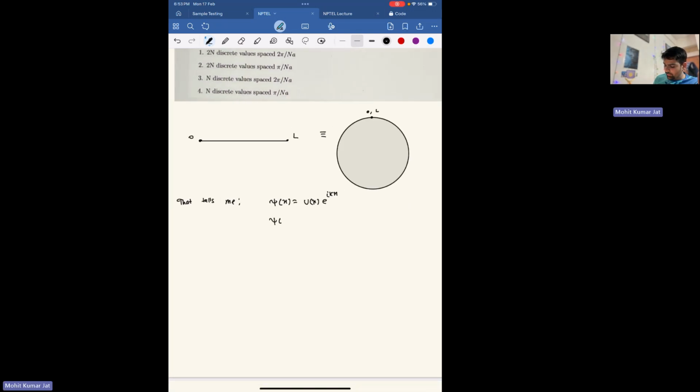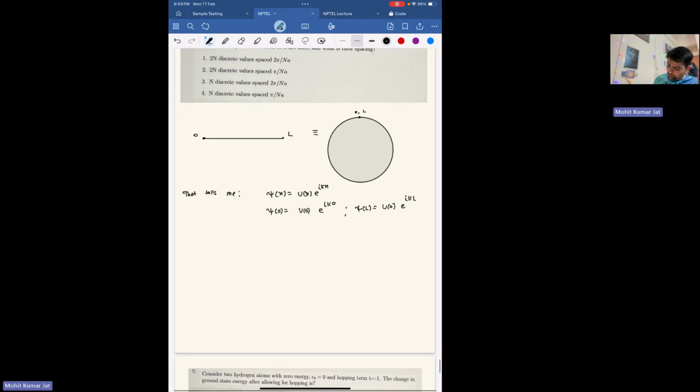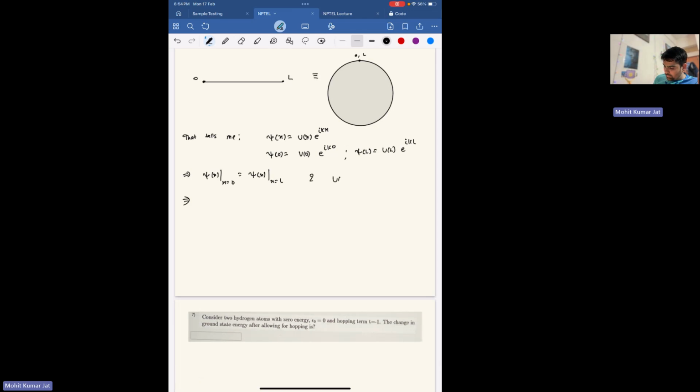So psi of 0 will be u of 0 e to the power i k 0, and psi of L will be u of 0 e to the power i k L. Since the two have to be the same, psi of x at x equals 0 is equal to psi of x at x equals L. This implies u of 0 is u of L because there is no difference between 0 and L point.